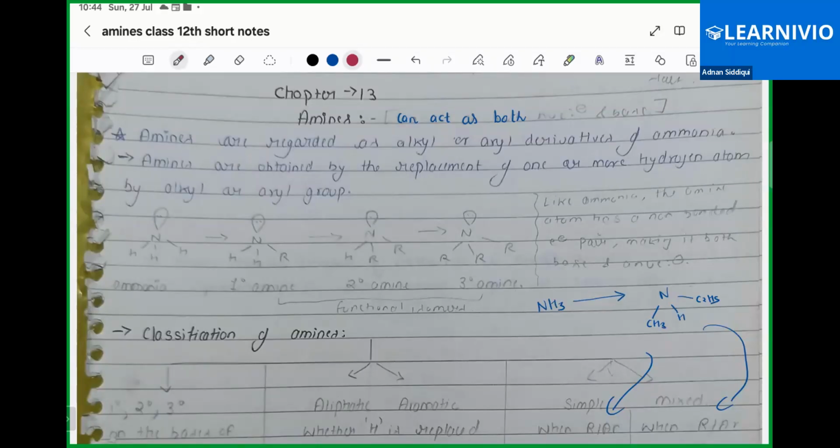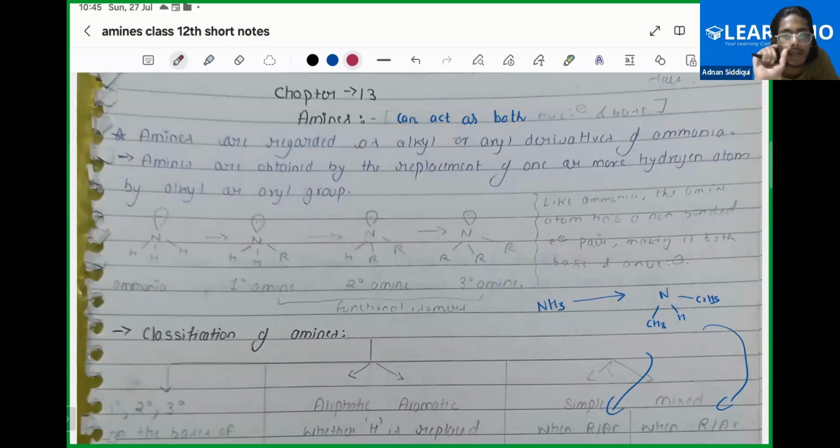Again, you have to consider what is the main task of a base. What does a base want? See, think about it.